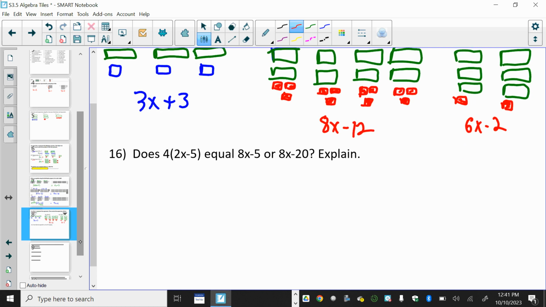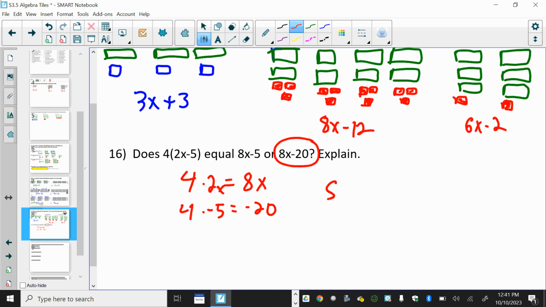Does 4 times the quantity 2x minus 5 equal 8x minus 5 or equal 8x minus 20? Well, 8x minus 20. Because 4 times 2x equals 8x, but 4 times negative 5 is going to be negative 20.